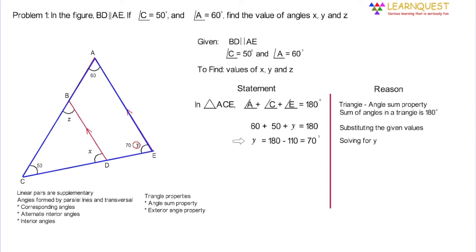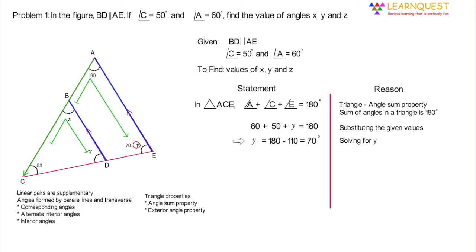Now let us see how to find the other two variables. For that, let us take a look at these two parallel lines BD and AE. Now AC is a transversal to these lines, and because of the transversal, we get angle CBD and angle BAE as corresponding angles. Now we know that corresponding angles in parallel lines are equal.